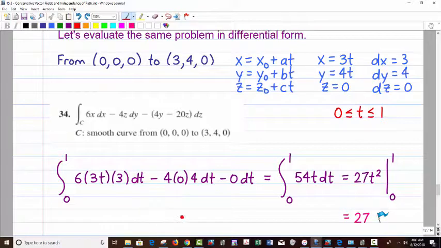I guess I should have said dx actually equals 3 dt. So please forgive me for that faux pas. Here I got minus 4, and the z makes that 0. Then I move over here, and I've got 0 again.